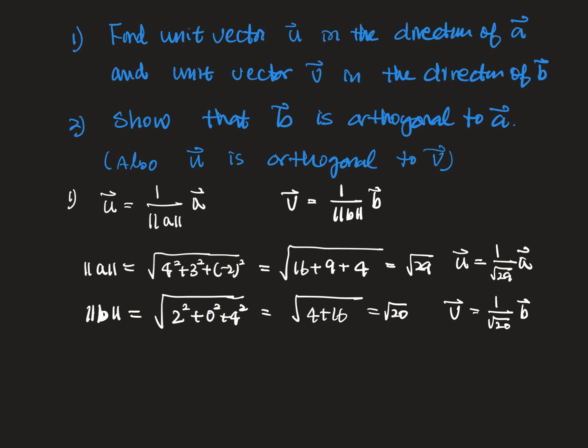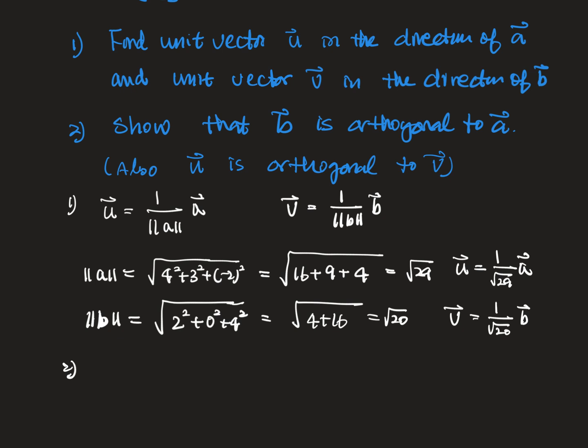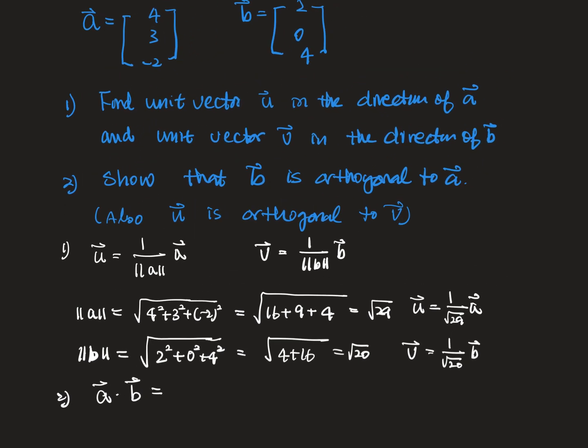Second, to show that the B vector and A vector are orthogonal, you only check the inner product. 4 times 2 plus 3 times 0 plus negative 2 times 4 is 8 plus 0 minus 8, which is 0.